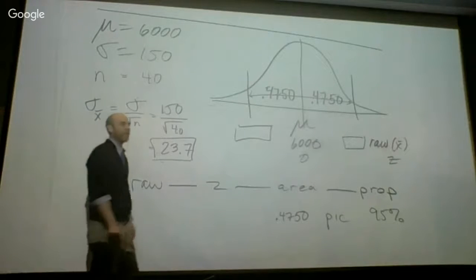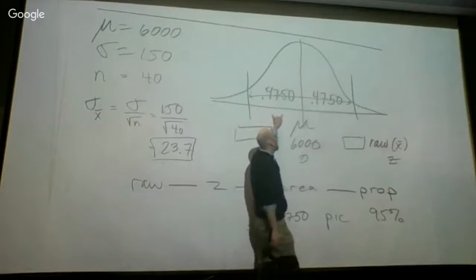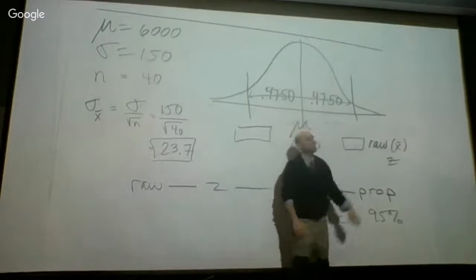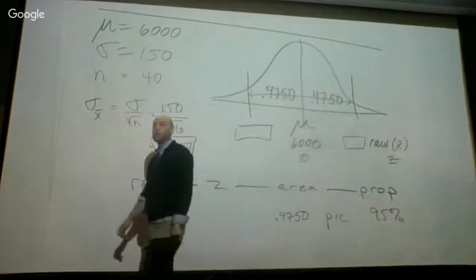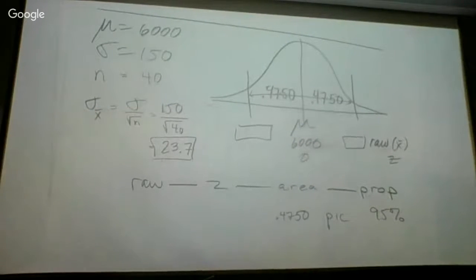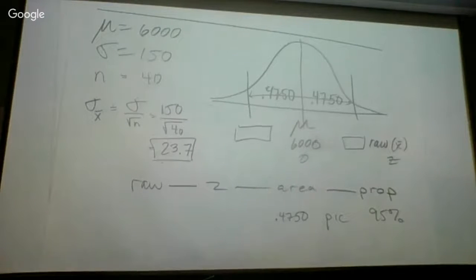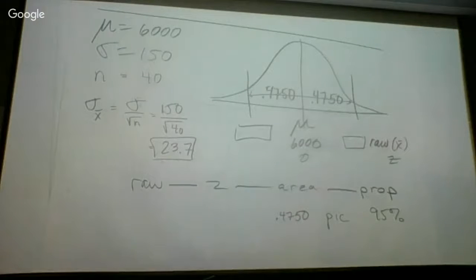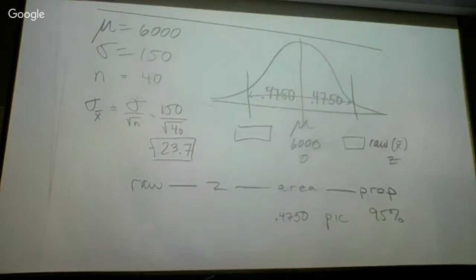Divide 0.95 into 2, we're going to have 47.5% on one side, 47.5% on the other side. So once we have those areas, we can go to our z-score table, and hopefully, if Stephen is correct, my z-score table is going to get me a value of somewhere around 2.